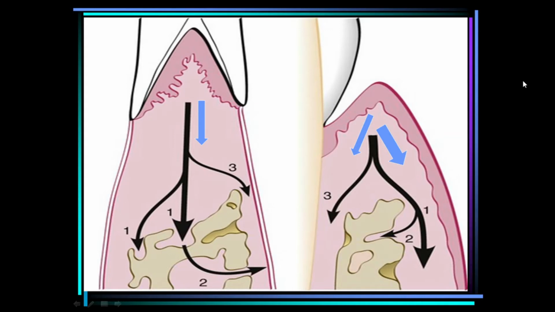This diagram is of the interdental area, and the pathway of inflammation is going straight from the gingival component into the alveolar bone. That means the inflammation will go straight from the gingiva into the underlying alveolar bone.